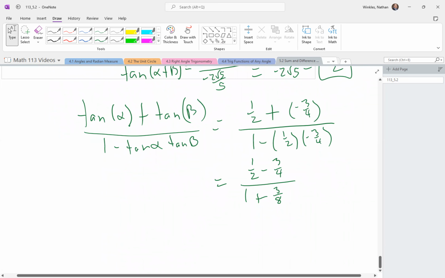This should work out this way. So this is 11 over, let's see, sorry, that's the denominator. 1/2 minus 3/4 is -1/4 over 11 over 8.